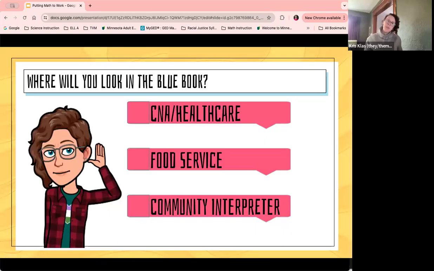So I would love to hear from folks again. Where are you looking in the Blue Book? Or where do you think you're going to start looking? At which domain did you talk about? Are those math tasks covered in, or do you think they are probably covered in? And I moved my chat box, so hopefully this time I'll see when people raise their hands.